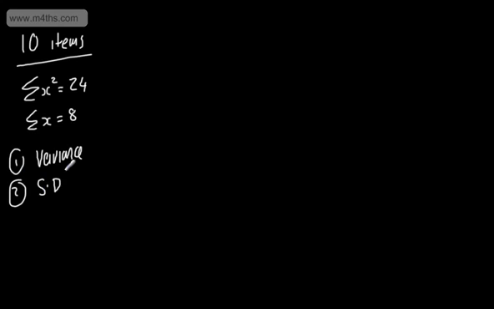You might even be asked to find now the mean. So if we consider the variance, we can write now variance is given to be now the sum of x squared over n minus the sum of x over n squared.